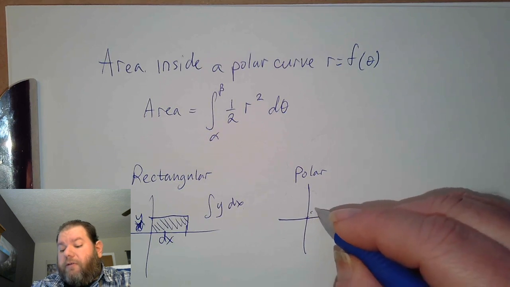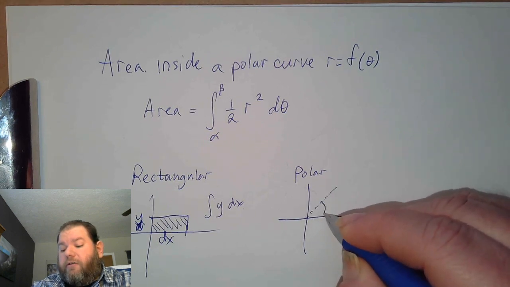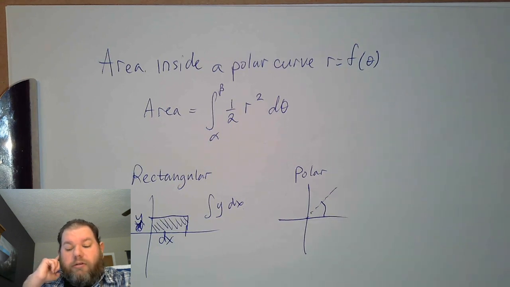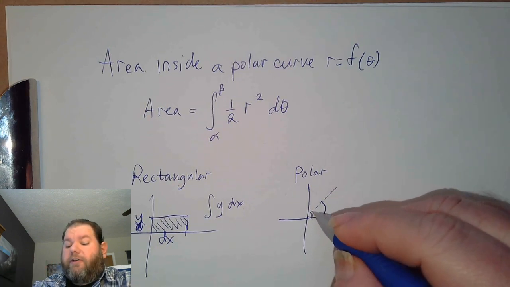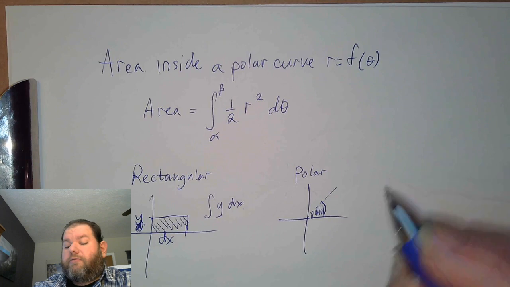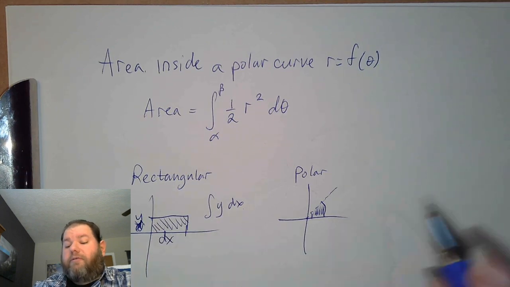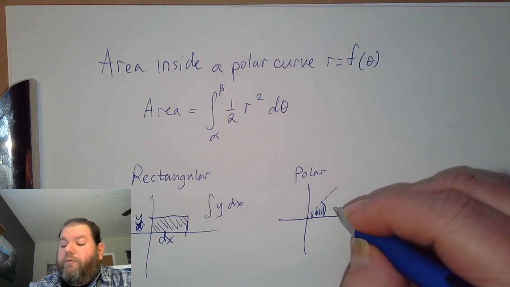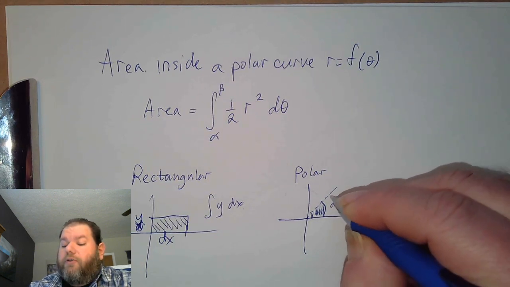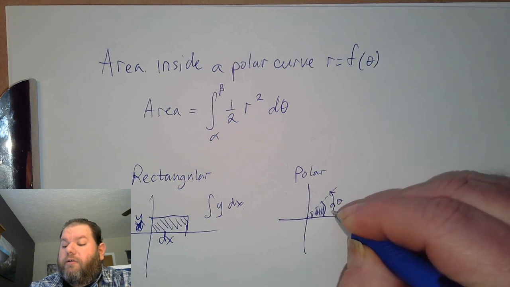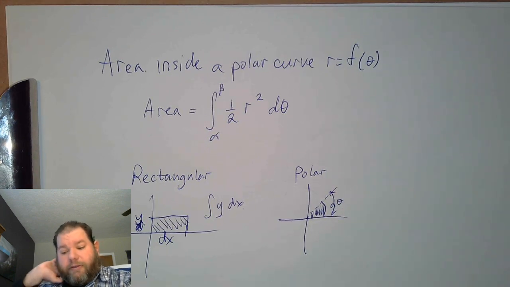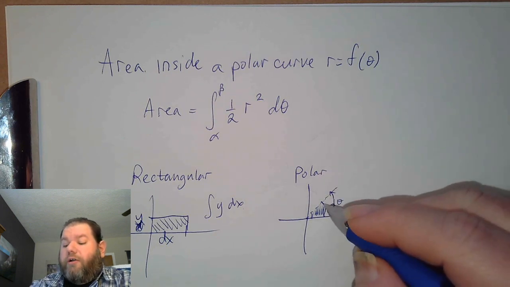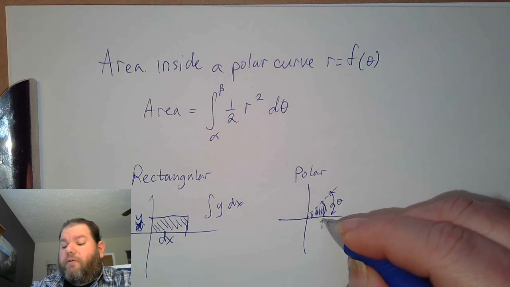When you look at a polar segment, if you think about the area between, it's basically a sector of a circle. Rather than being a rectangle, it's a sector of a circle. And so we have our d theta in between, whatever that d theta measures, and then our function r determines the curve.